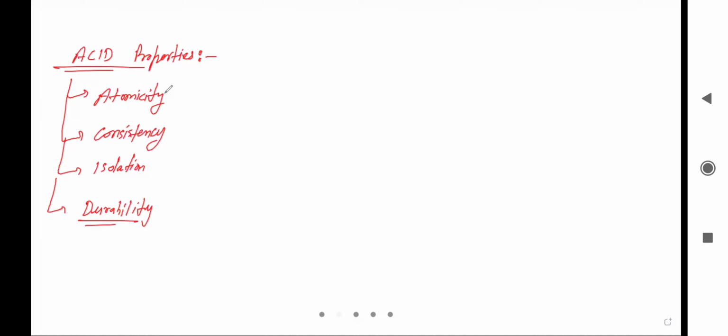So to pursue the integrity or maintain the consistency, it is applied, to maintain consistency, right?